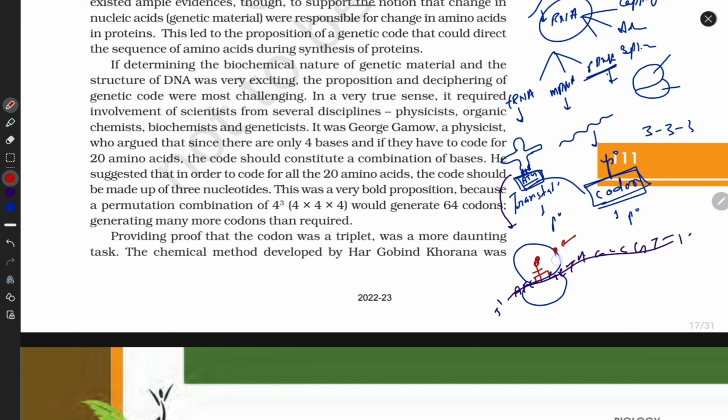Again, another tRNA will come and bind, and they shift onwards. Again, another will come, bind with the 3, and shift their amino acid. They make what? They make a polypeptide chain, and in future this polypeptide chain forms protein.